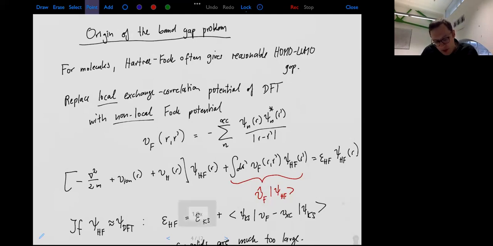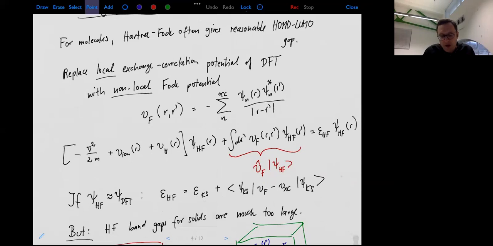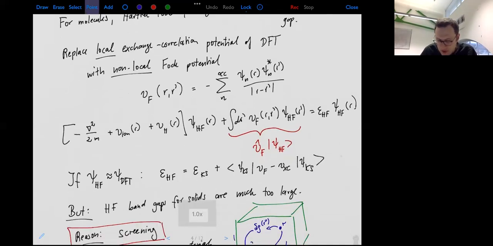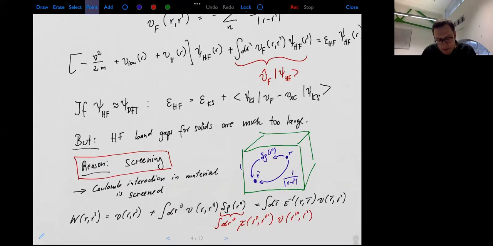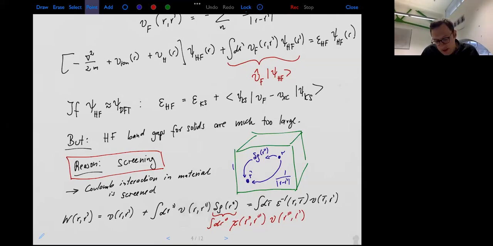But of course in Hartree-Fock, you have to deal with a non-local Fock potential or exact exchange potential rather than the local exchange correlation potential of density functional theory. So its calculations are more expensive. But despite this, Hartree-Fock is still not particularly accurate for the band gaps of solids. In fact, it quite dramatically overestimates band gaps of solids, while, as I said, DFT tends to underestimate them.